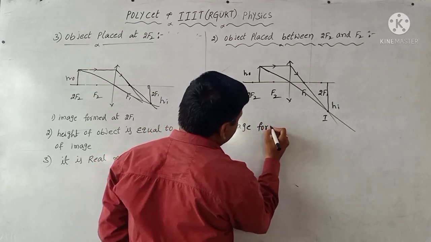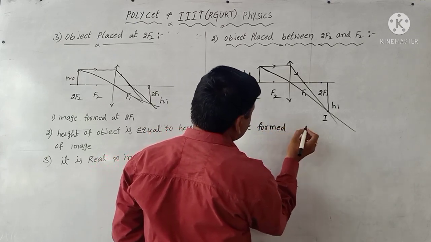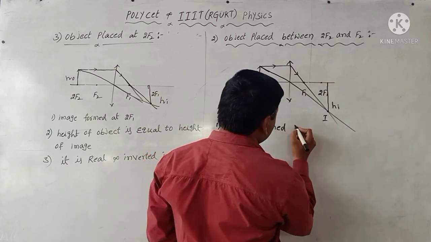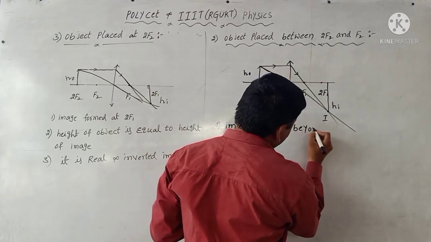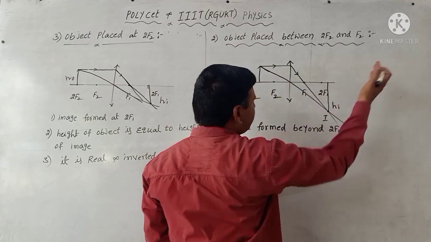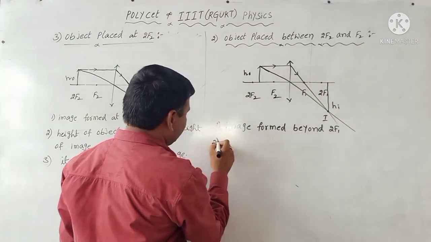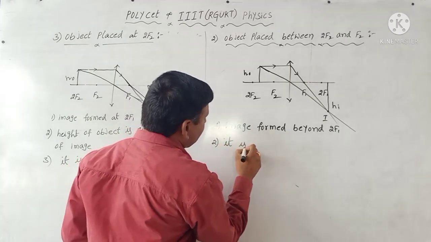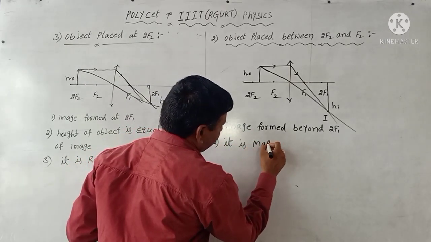Image formed beyond 2f1. Where it is formed beyond 2f1, it is magnified.